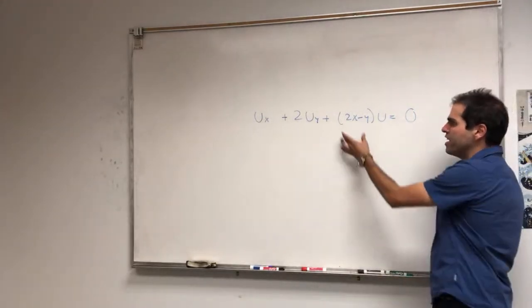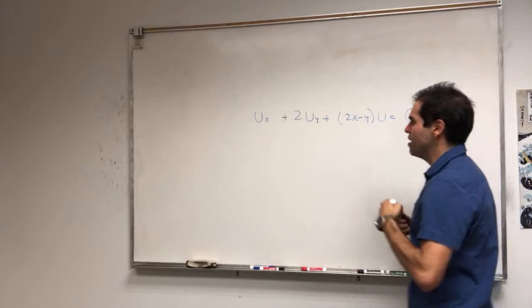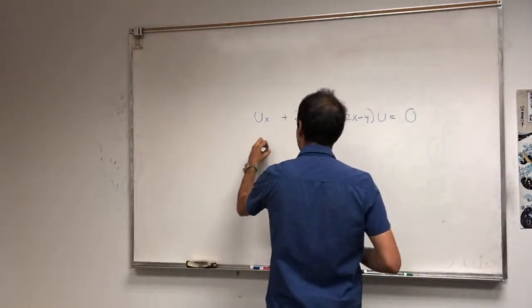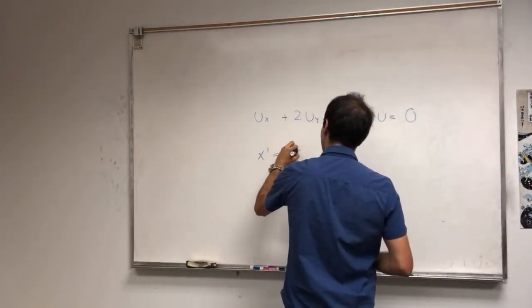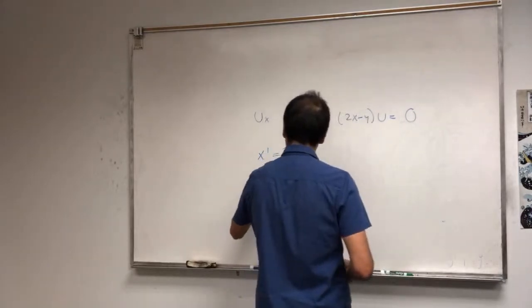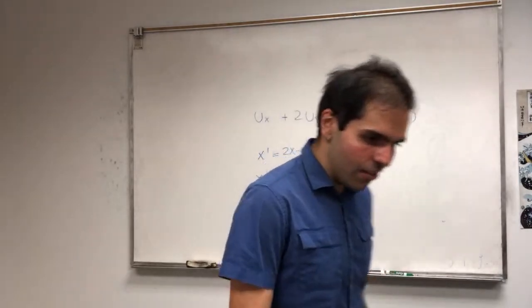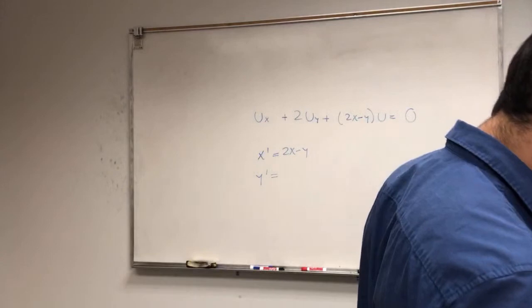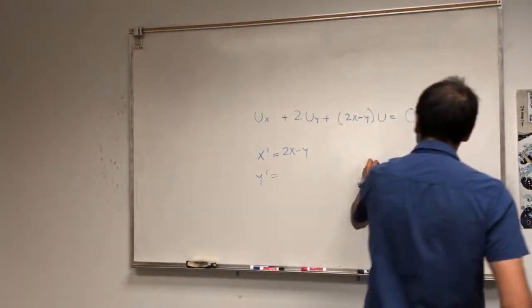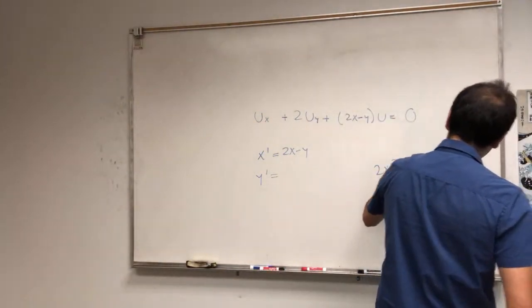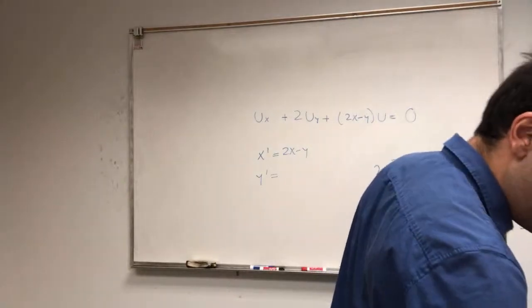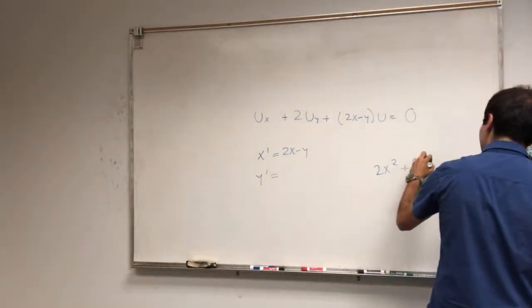Here you have one factor, so maybe you can use x prime be 2x minus y. For the other one, maybe the right-hand side helps because you have 2x squared plus 3xy minus 2y squared.